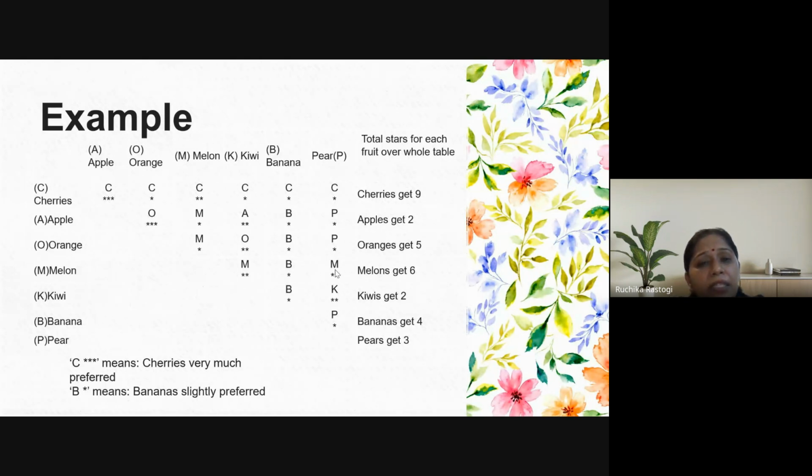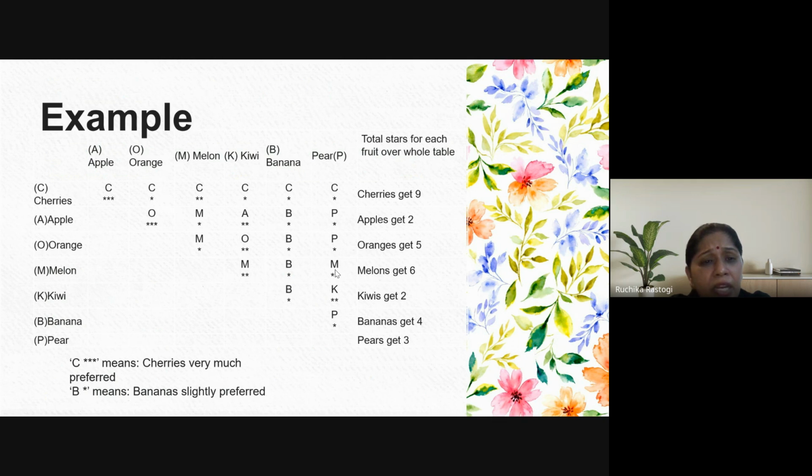If you see this example, it has been taken from a research paper in which a paired comparison of different fruits is being done. If you are able to understand the last one, I think this also becomes very clear to you. If you see the first row, the cherry and apple stars are basically showing your likeliness about the product.